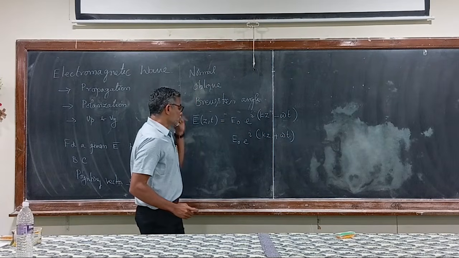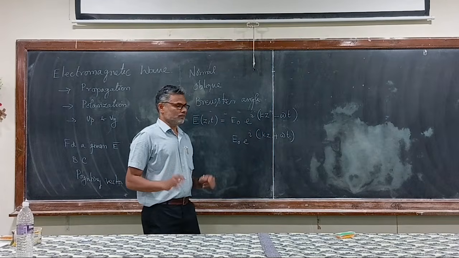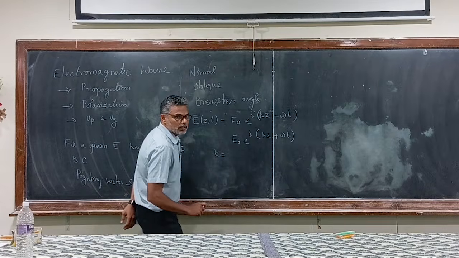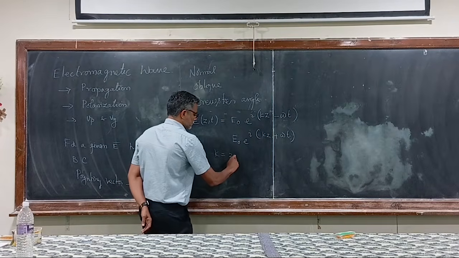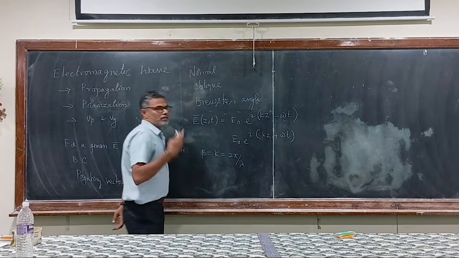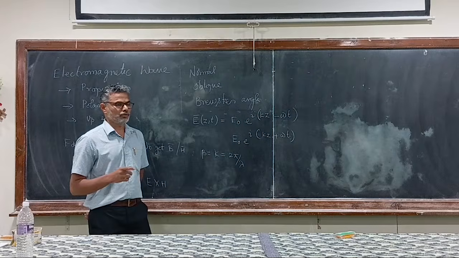Now, the argument is a dimensionless constant, where k is 2 pi by lambda. Sometimes they also write beta. If you look at any engineering book, you will have a beta. So it's basically the wave vector.